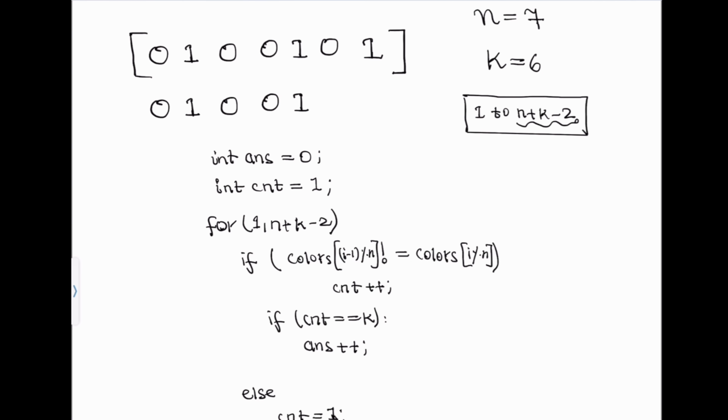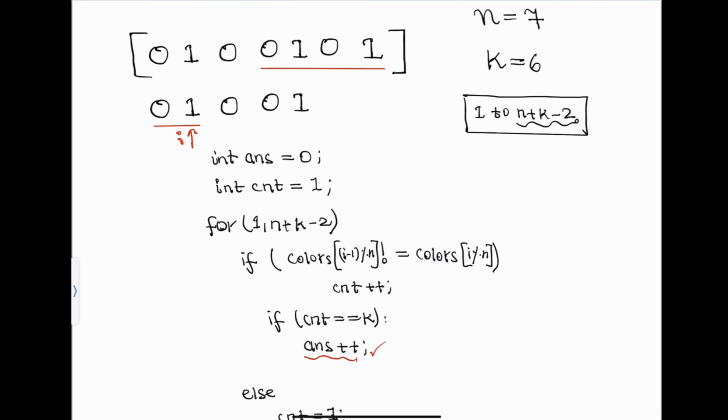If we see over here, our count becomes equal to 6 for the first time when it is at this index over here. So our count is equal to k for the first time when we are including this part of the array and our index is over here, right? So obviously we are incrementing our answer. We found one such group when there are alternating colors and the size of that group is 6.